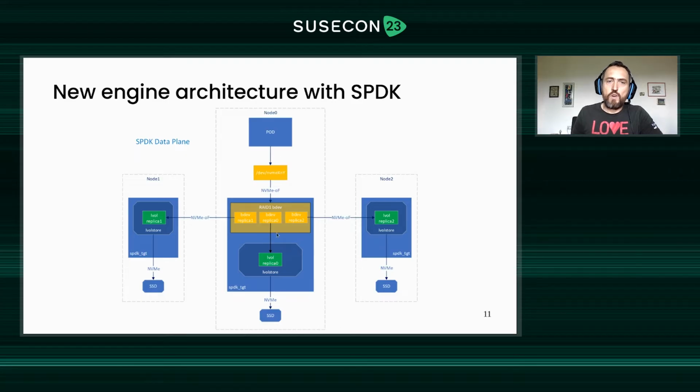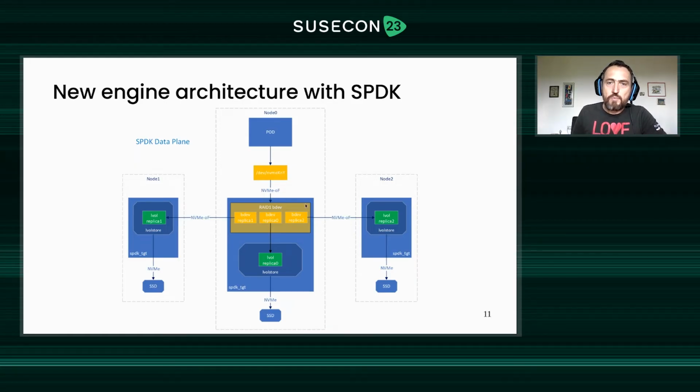What does the SPDK target do? It exposes, over the NVMe over Fabric target, the RAID 1 BDEV. A BDEV is, let's say, a unique interface used inside SPDK to handle different kinds of disk and storage.